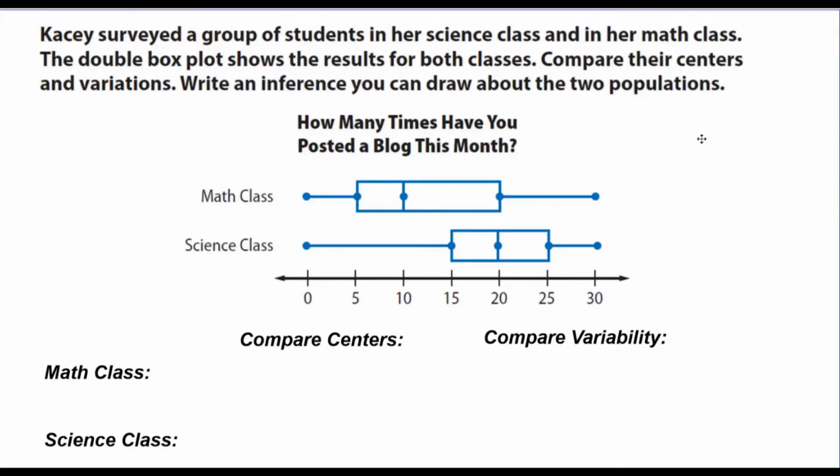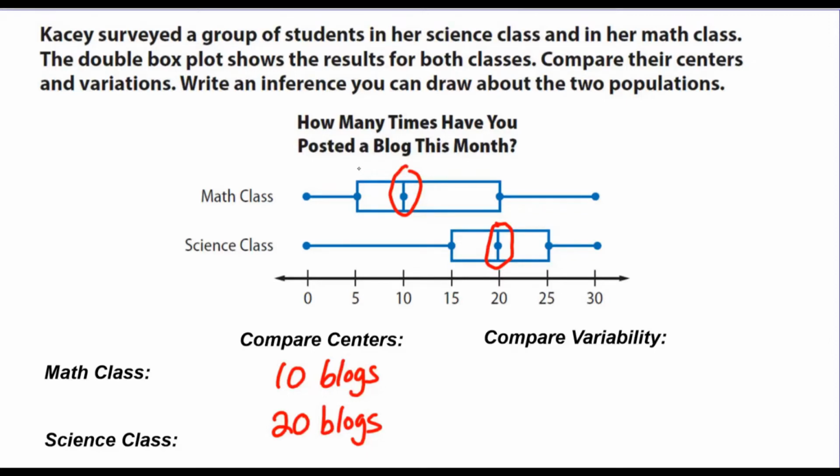So looking at the box and whisker plots, we're looking at the centers, and to find the centers, we're going to look at the median. For the math class, the median was 10 blogs for that month. And for the science class, it's here, and it's 20 blogs. And that's comparing their centers. Now we want to look at the variability from each class too.